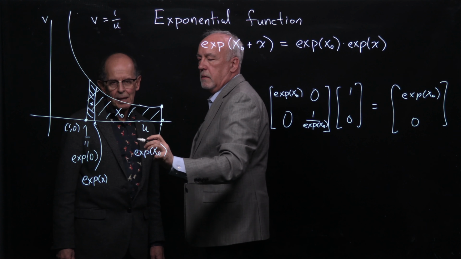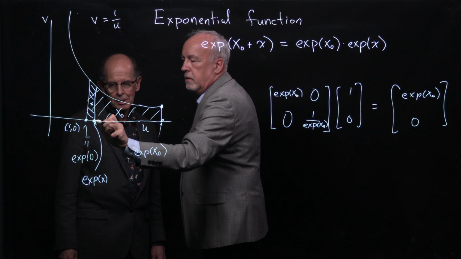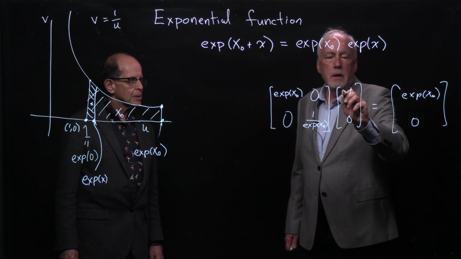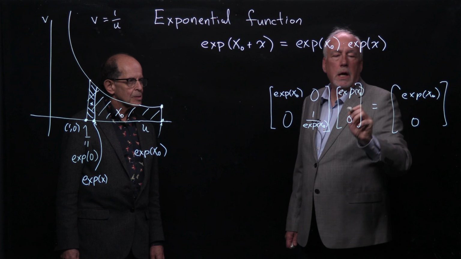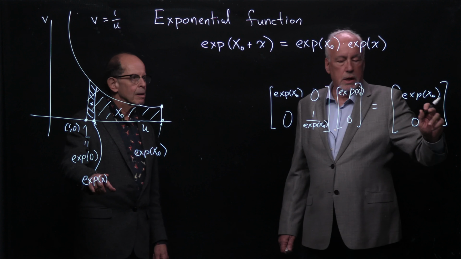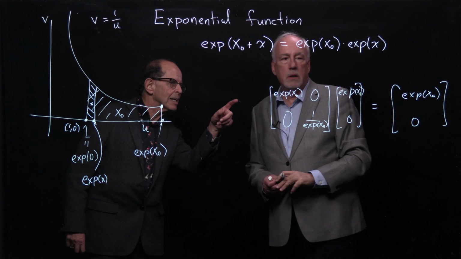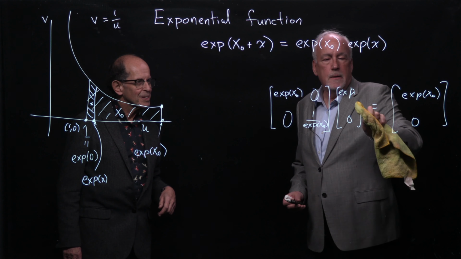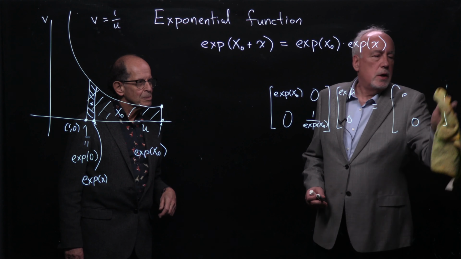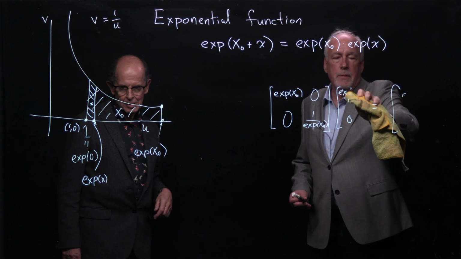Now this point here, okay, that's the point exponential of x. And when I multiply this out, I'm going to get a little product here. So is that x or x0? Ooh, that should be an x. And let's do a little bit of erasing since I'm going to be changing things around here. Thanks, Matt.